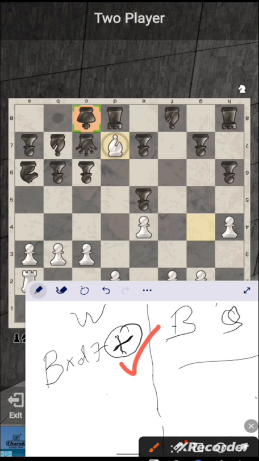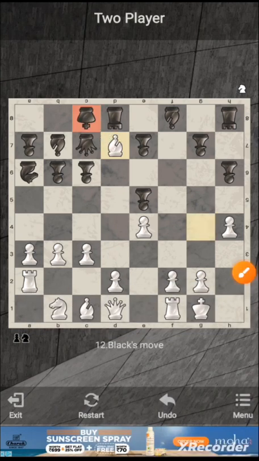Now suppose currently this king has a way out: either the king can move, or the queen can take this bishop, or the rook can take this bishop. But let us think about a scenario where this knight is over here on the d8 square, and also suppose that there is no way this bishop can be taken. King can easily capture it, but just imagine a scenario where this bishop can't be taken.